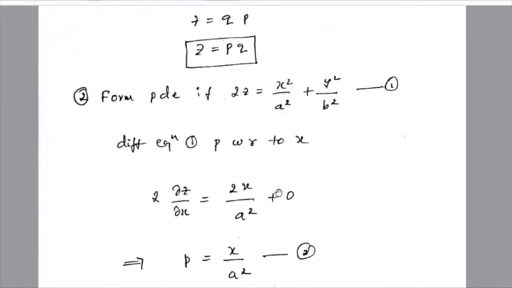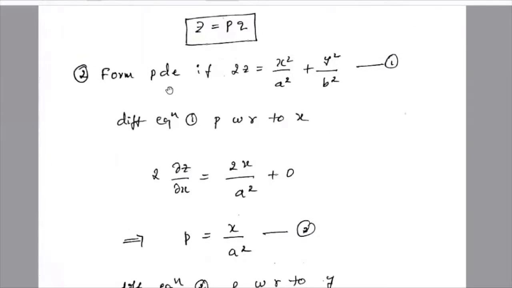So now we'll take another example. Form the partial differential equation if 2z is equal to x square by a square plus y square by b square. In this function, a square and b square are the constants. Now we have to form an equation, so we have to eliminate these two constants also.